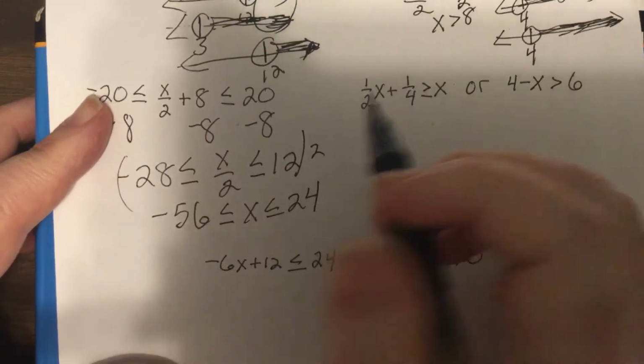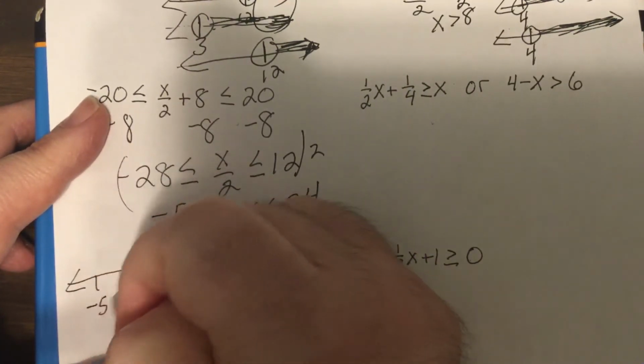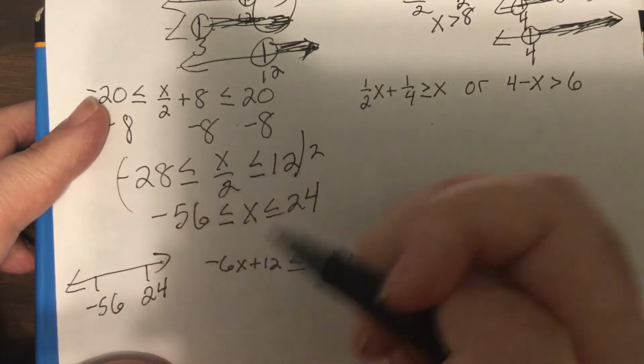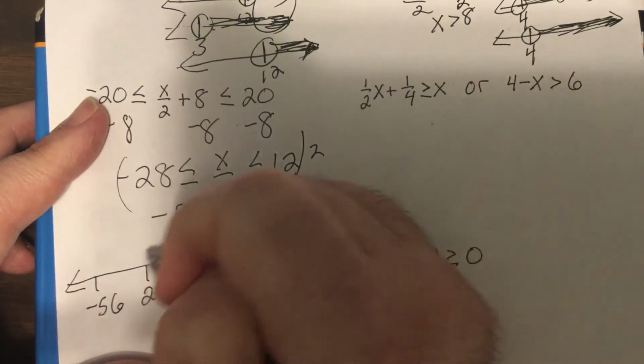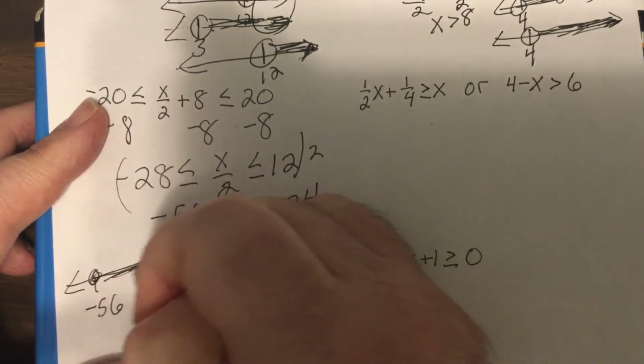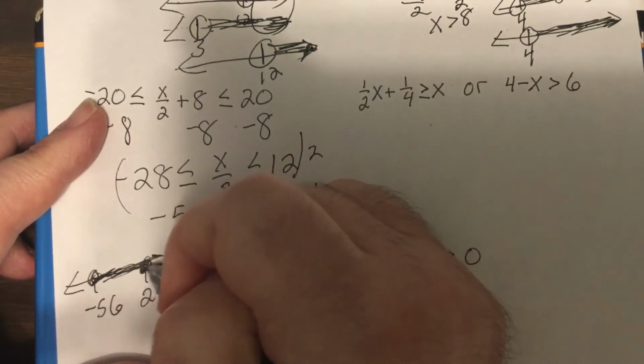So it's everything between -56 and 24, because and is the only one that can be written that way, and include, because there's segments, meaning equals, and shade in between. Woohoo! I'm a little bit off. Don't ever go over like that.